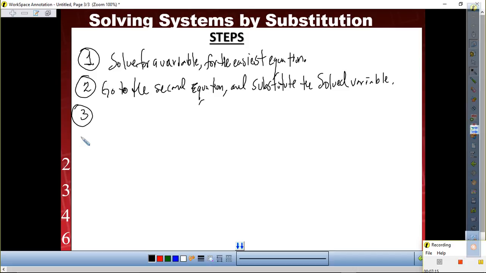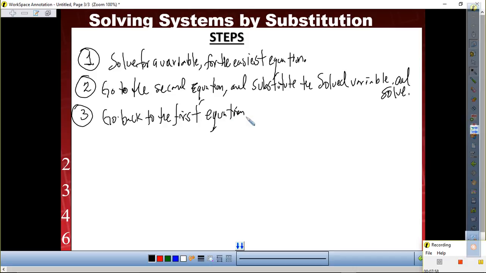Step 3. This is where it gets a little sketchy. Jazzy. Did we miss anything on step 2? It says go to the second equation and substitute the solved variable. Now, Jazzy, go. So go back to the first equation.